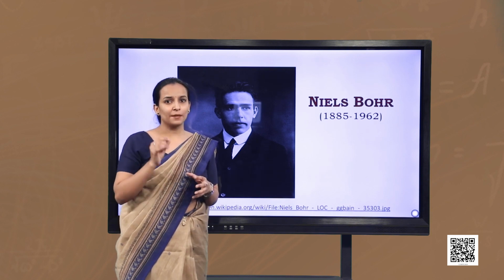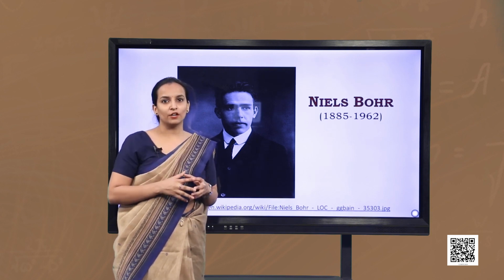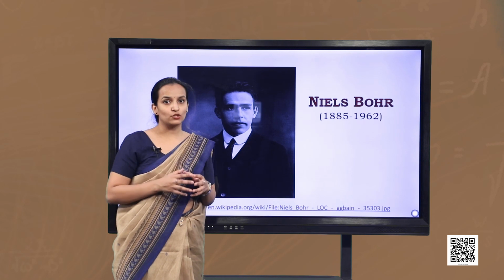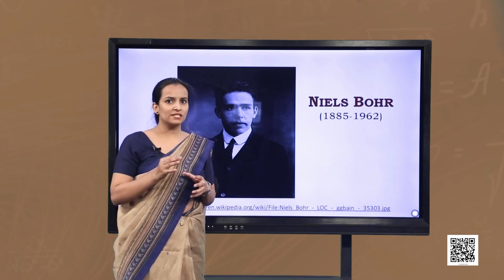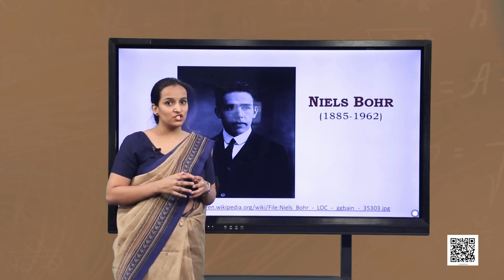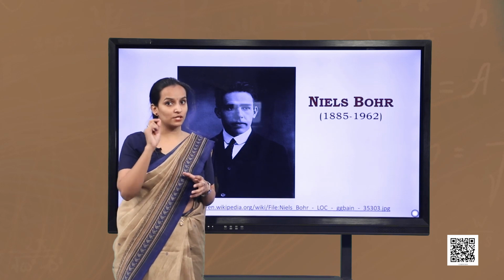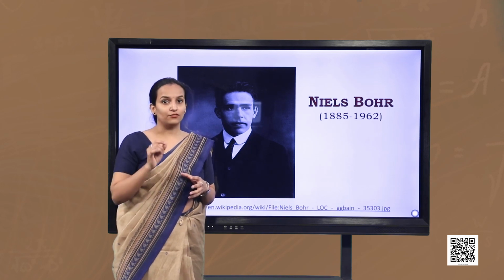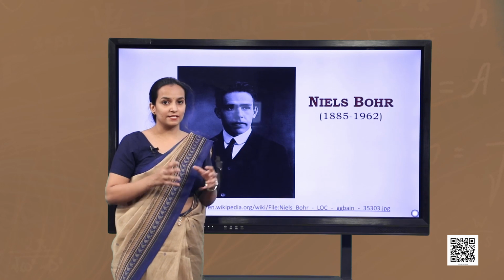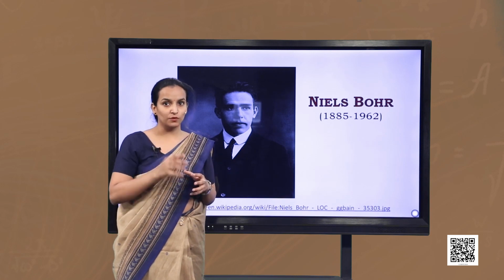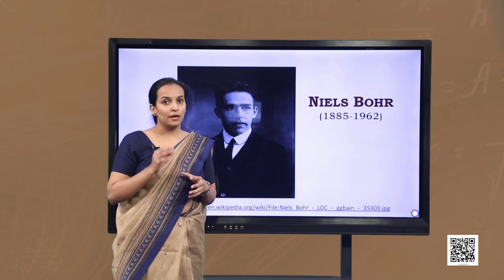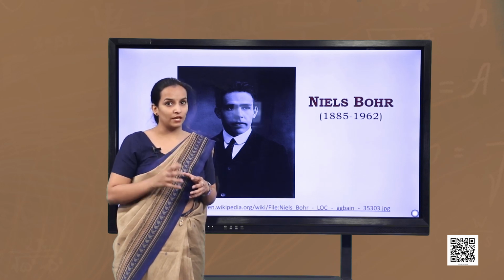It was a stepping stone to a new kind of mechanics, namely quantum mechanics. According to the Bohr model, the electron revolves around a positively charged nucleus much as a planet revolves around the sun. However, the force in the former case is electrostatic, that is Coulomb force, while it is gravitational in the case of a planet revolving around the sun.